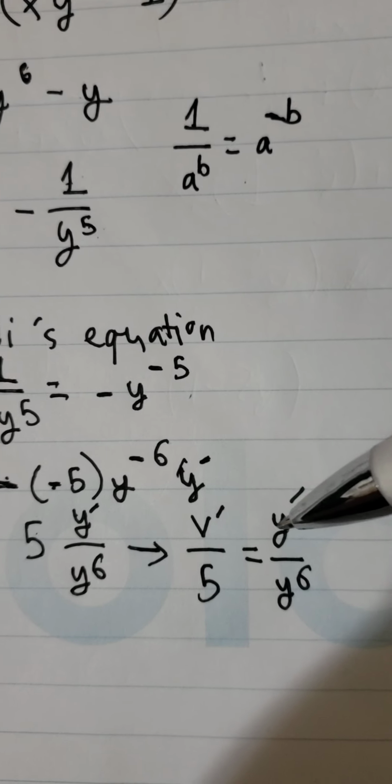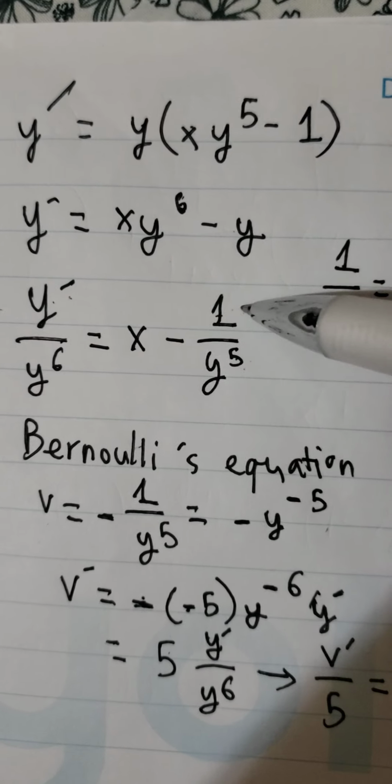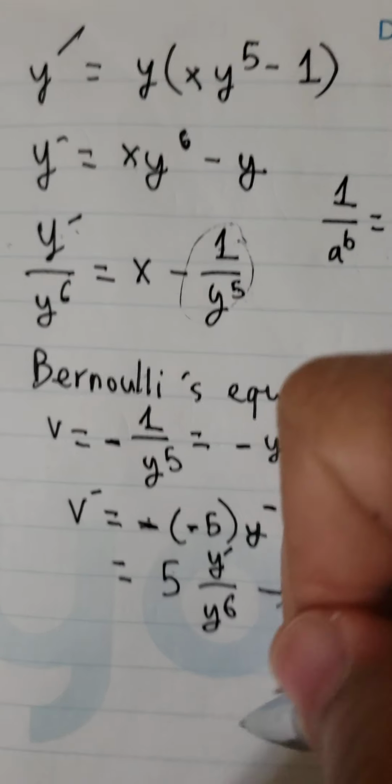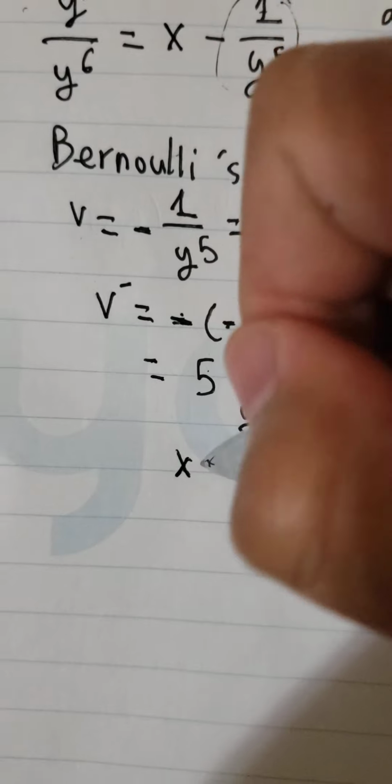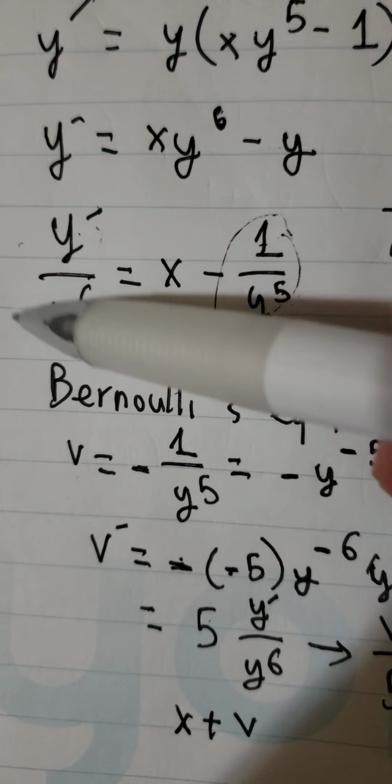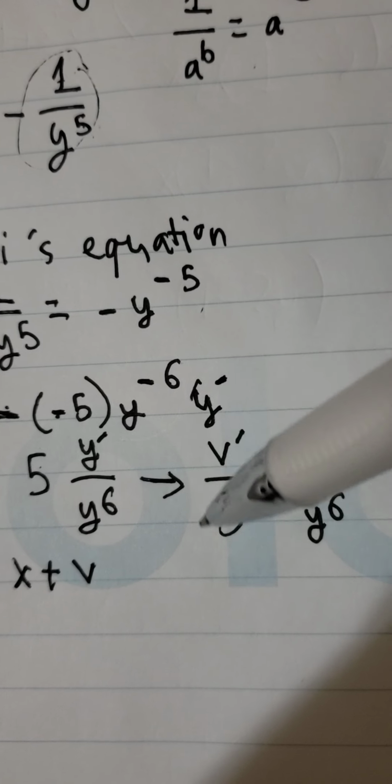So we have this one. Now this one in here, we transform back to v. So we have s plus v. This one in here, we need to transform into this one.